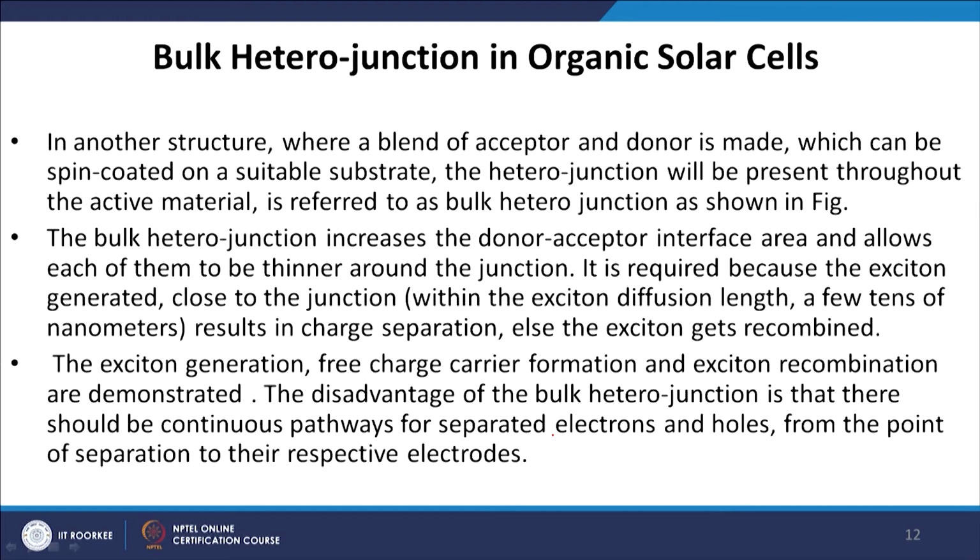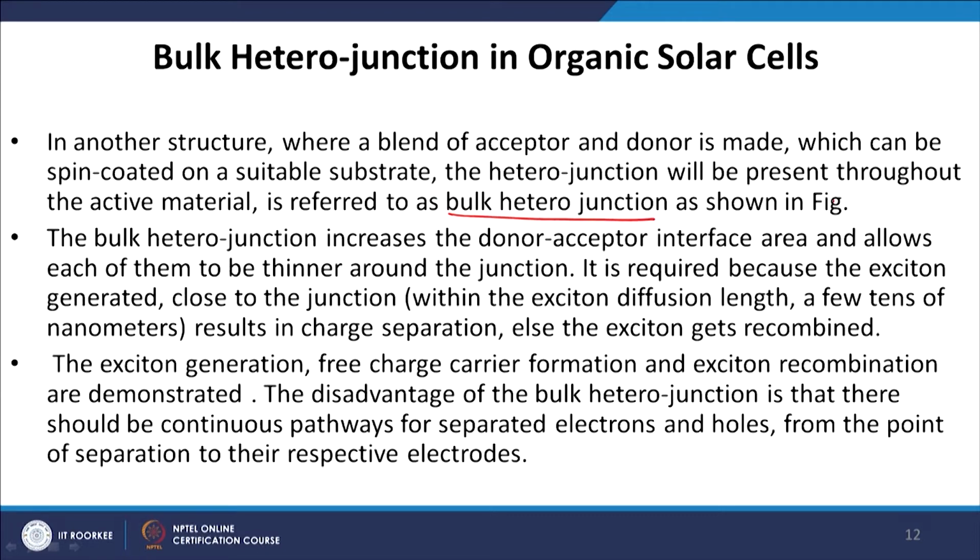In a bulk heterojunction solar cell, we can remove this kind of bottleneck, or we can get some advantage over the bilayer devices. In this structure, a blend of acceptor and donor is made, which can be spin coated on a suitable substrate, and the heterojunction present throughout the active material is referred to as the bulk heterojunction, as shown in the next figure.